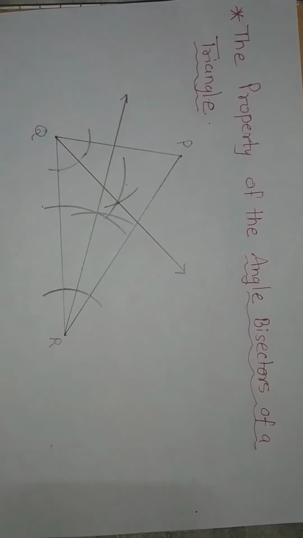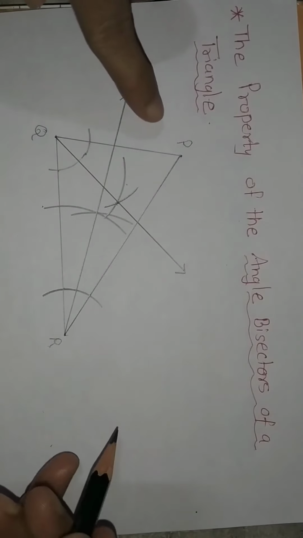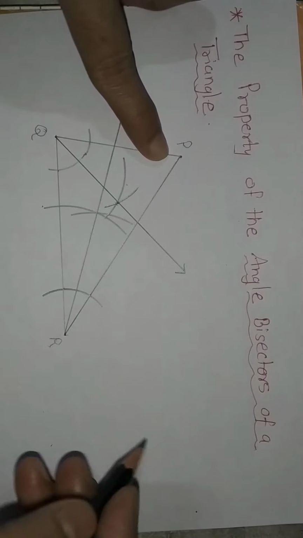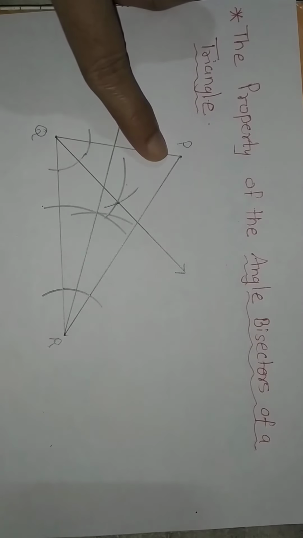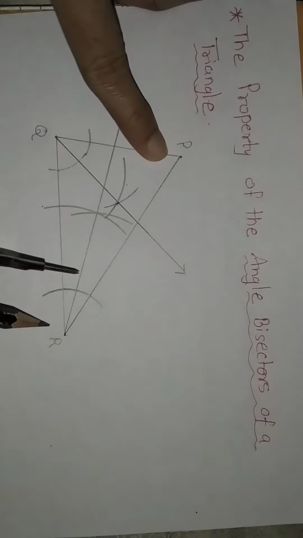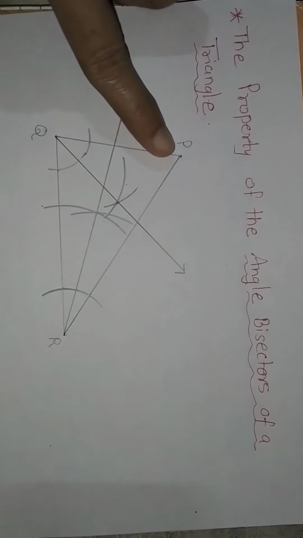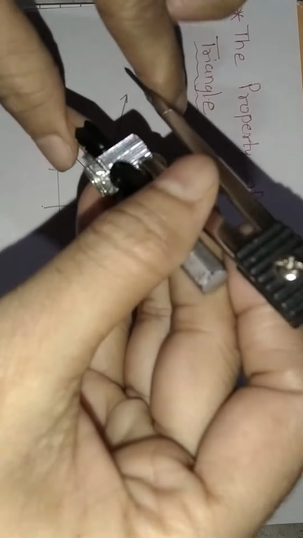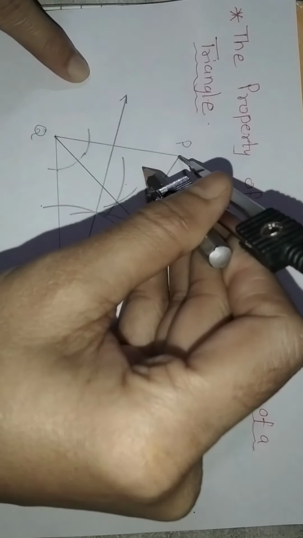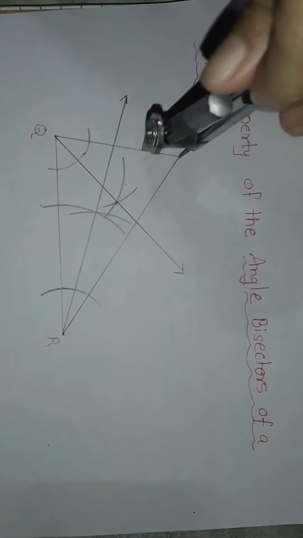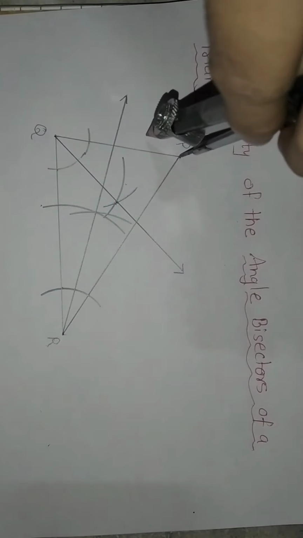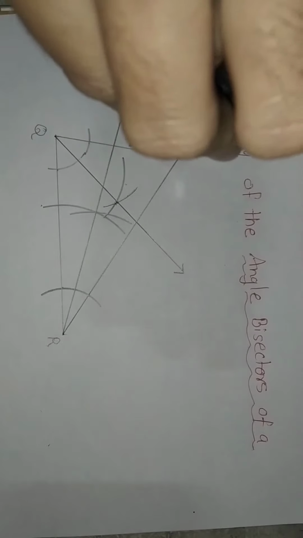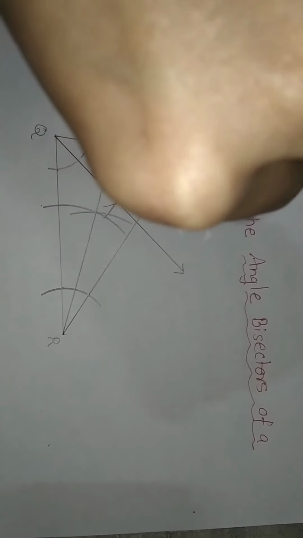Now the remaining angle P, we have to bisect it like the previous two angles. Okay, so let's start. Put your compass one end on point P, take a little bit smaller distance and draw a small arc as you can see here, which will cut the two segments at two different points.